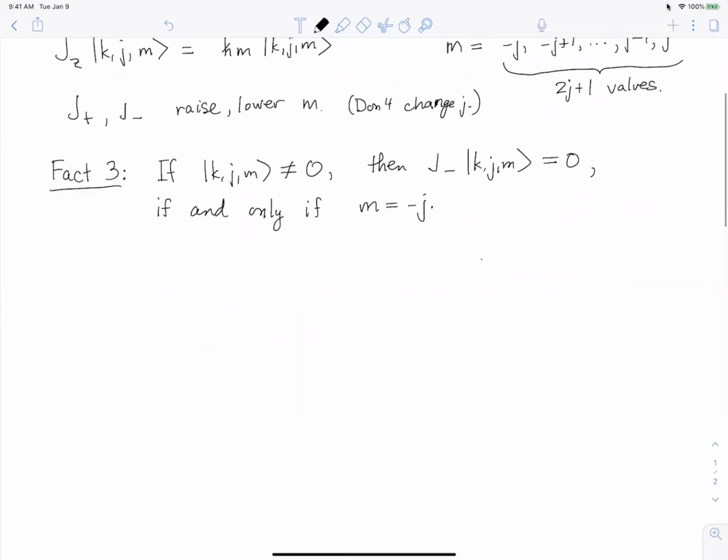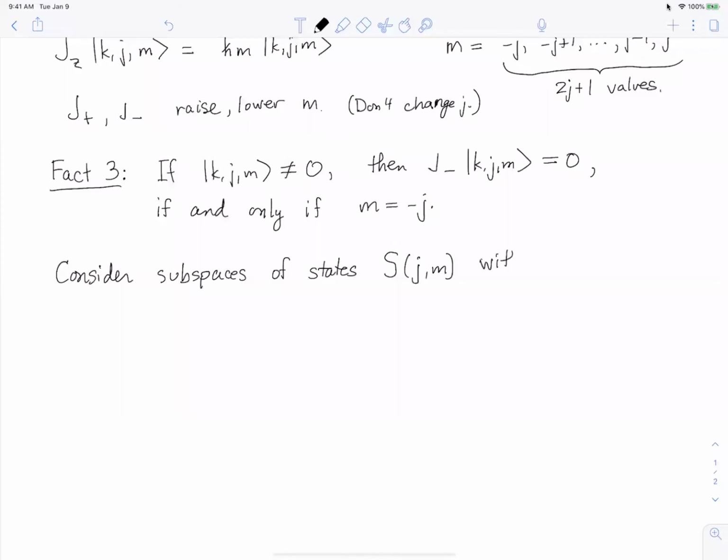So our next task is to consider the subspaces of states. That's a Hilbert space that's part of the bigger Hilbert space that obeys some properties. I'm going to call these subspaces S_{j,m}, and they're distinguished by having fixed j and m.